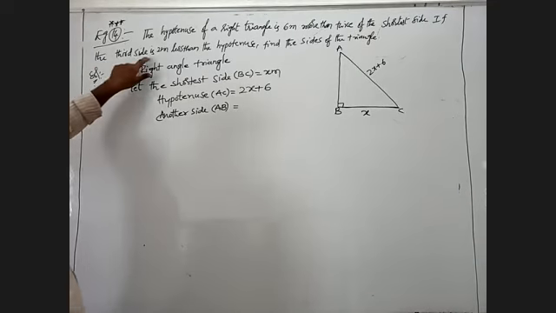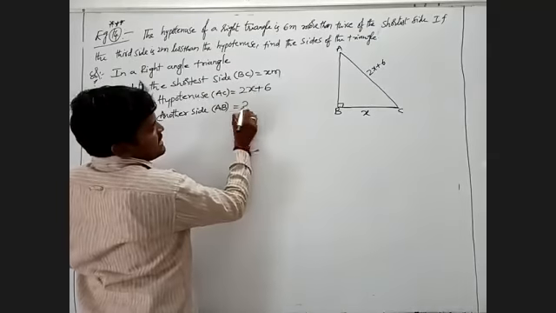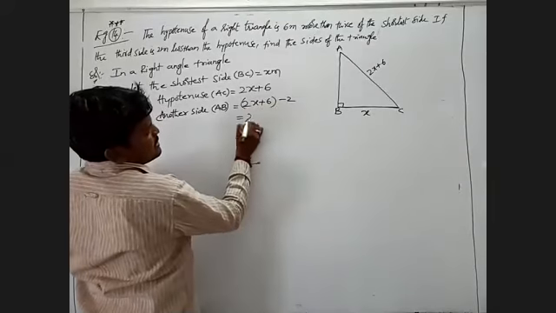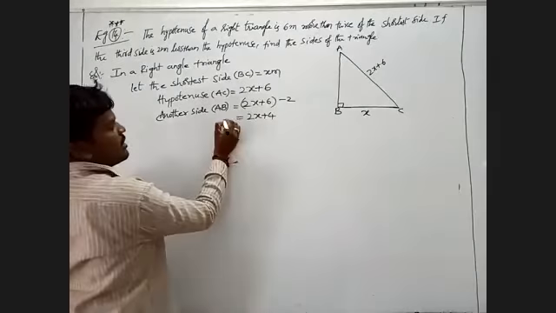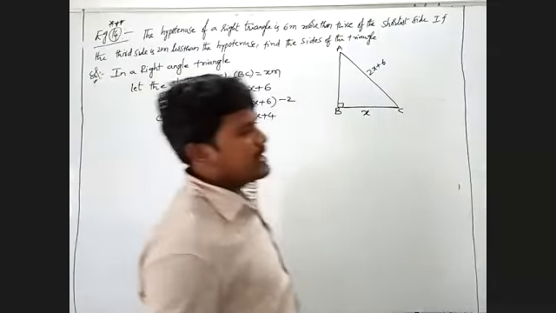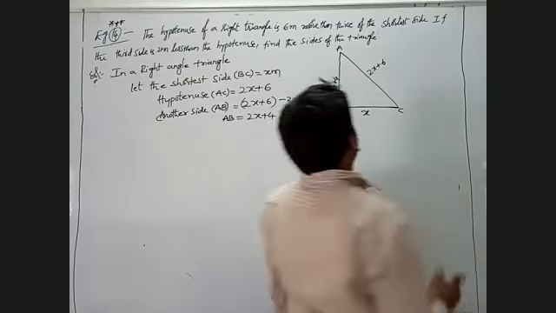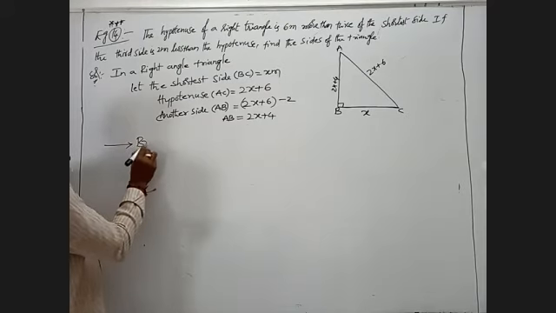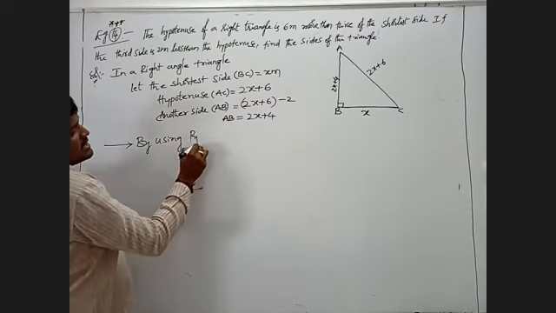The third side is 2 meters less than the hypotenuse, so 2x plus 6 minus 2 is 2x plus 4. This is the value of AB. We know all the sides of the triangle, so here we use the Pythagoras theorem.